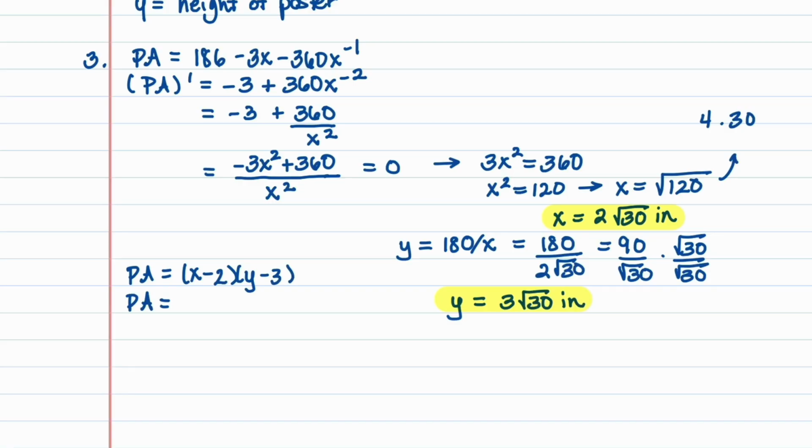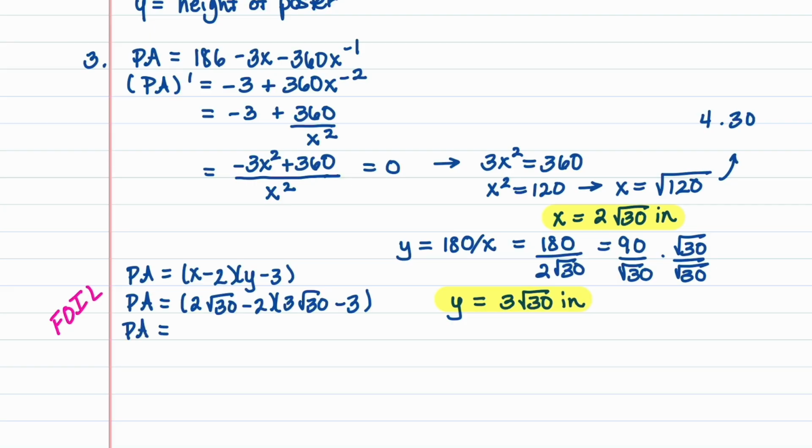And now let's substitute in for x and y. X is 2 root 30, so we have 2 root 30 minus 2. And then y is 3 root 30 minus 3. Let's go ahead and use the FOIL method and multiply all of this out.